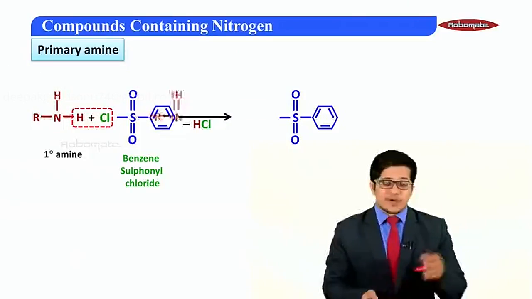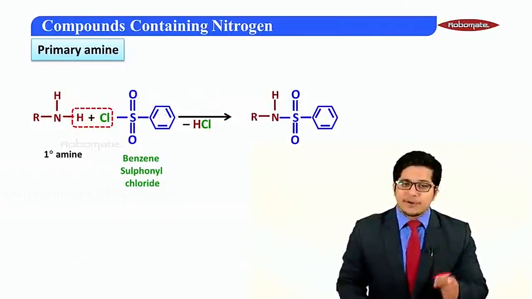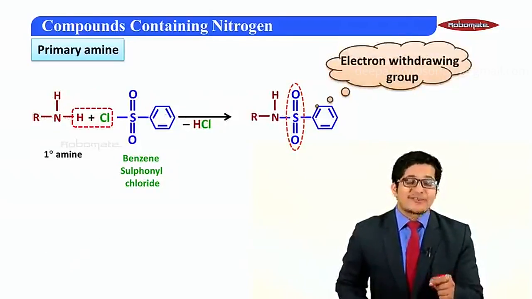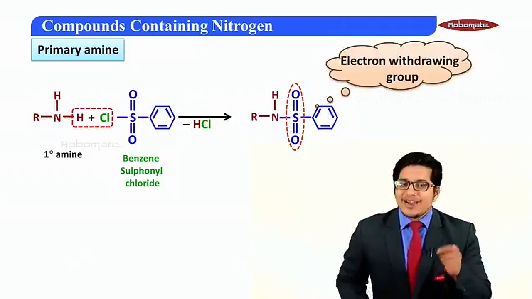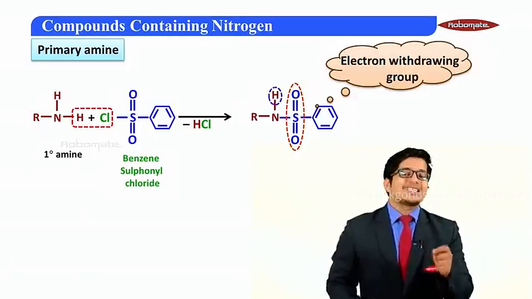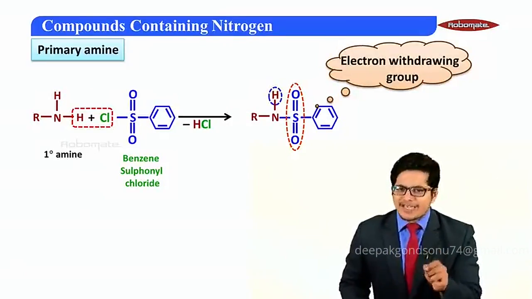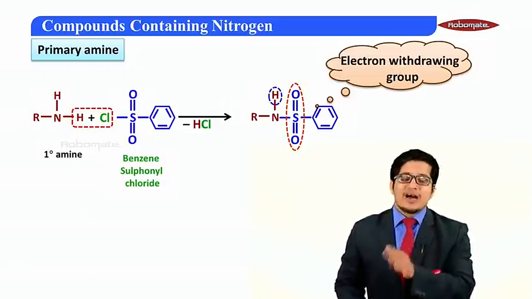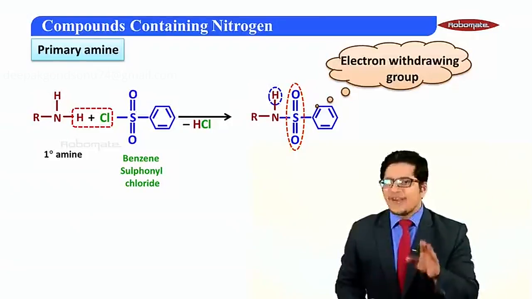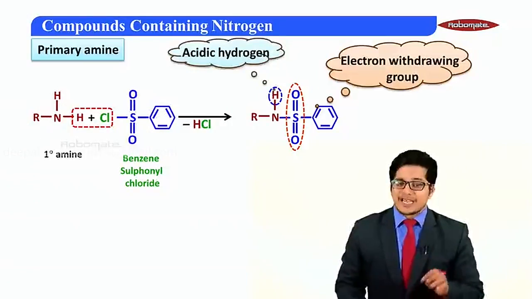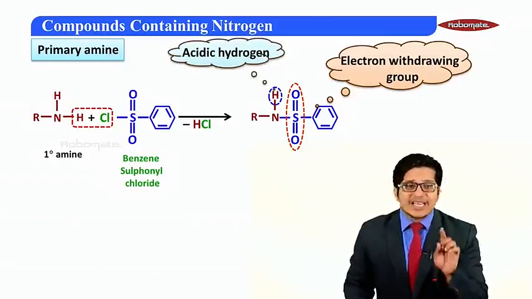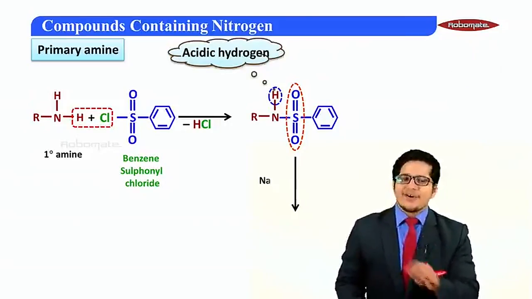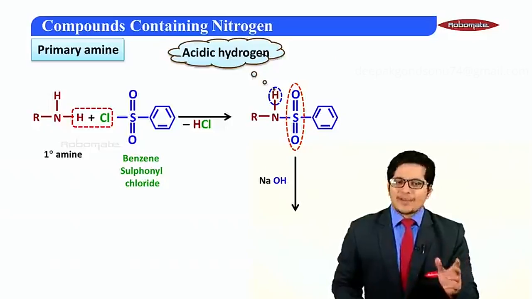And because of this, the final compound obtained would be nothing but a sulfonyl group, which is an electron withdrawing group, attached to an acidic hydrogen. And right now the name of this compound would be benzene sulfonyl amine. Now, if I treat this entire compound, containing acidic hydrogen, with a base, NaOH for example, what would happen?